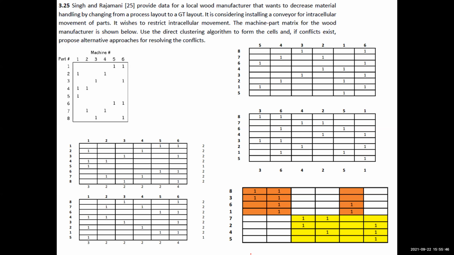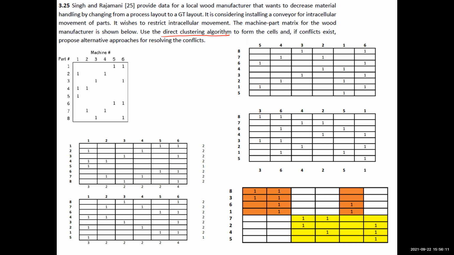It is considering installing a conveyor for intracellular movement of parts. It wishes to restrict intracellular movement. The machine part matrix of the wood manufacturer is shown below. And the problem asks you to use the direct clustering algorithm to form the cells, and if conflict exists, propose alternative approaches for resolving those conflicts.